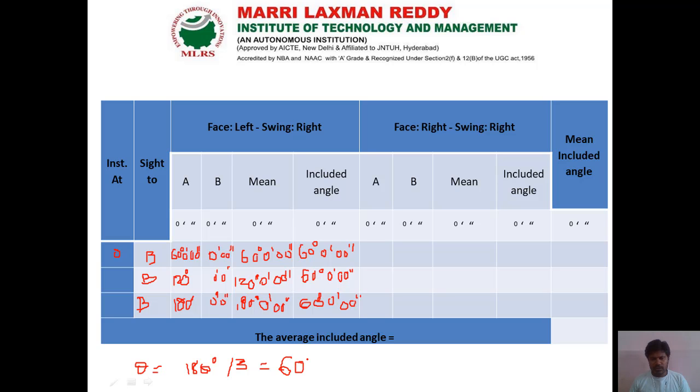This is with respect to face left observation. Similarly, I have to do the same procedure for face right observation, so that I get another value of theta, the same 60 degree. By taking the average of these two readings, I get 60 degree as the final value of the included angle.